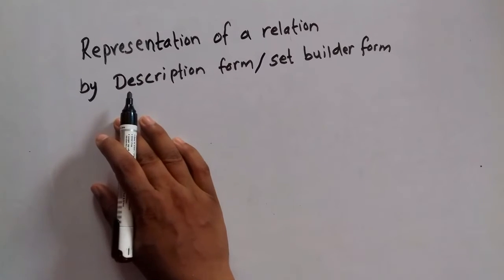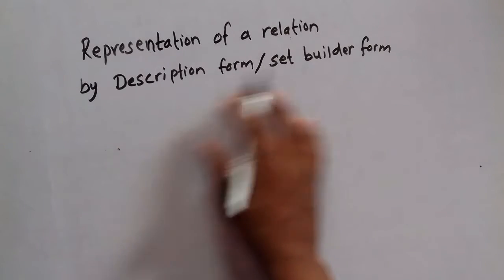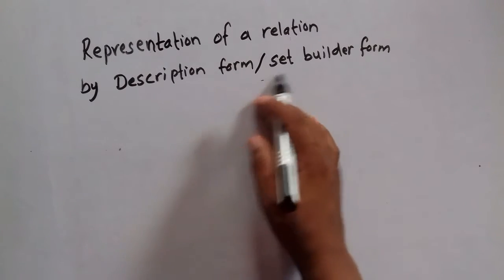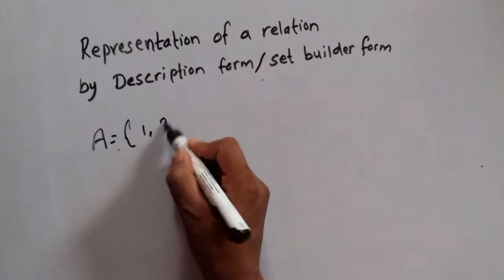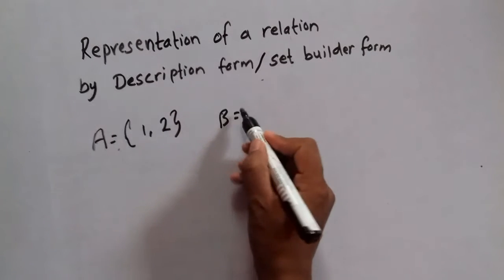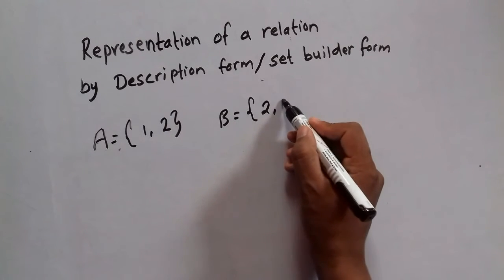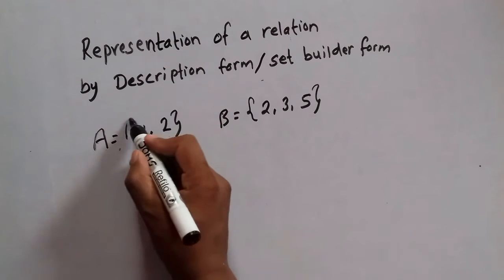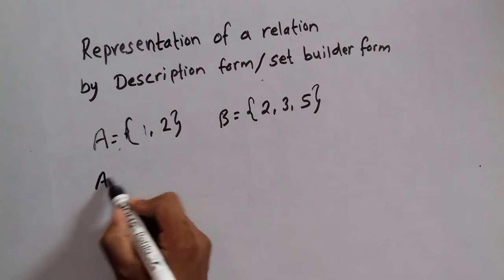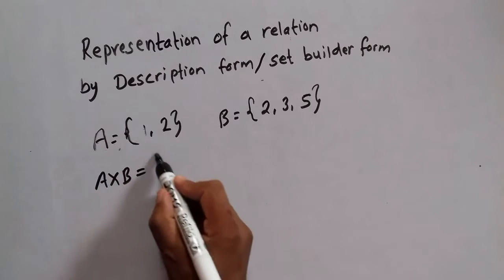At first we are going to study about representation of relation by description form, or which is also called set builder form. For this, let us suppose set A containing elements 1 and 2 and set B containing elements 2, 3, 5. And then at first we have to find the Cartesian product.